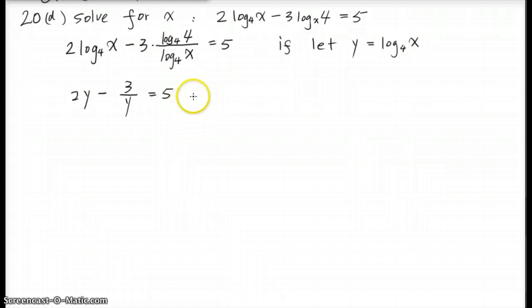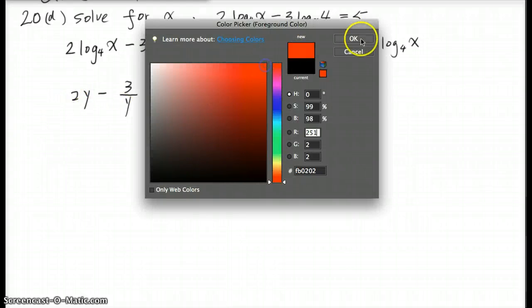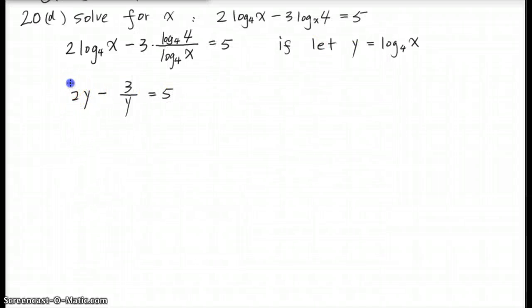Okay, so for this equation, we'd like to times y on both sides, to get rid of the denominator y here. And then it becomes 2y squared minus 3 equals 5y.